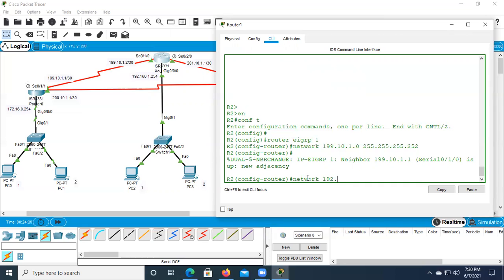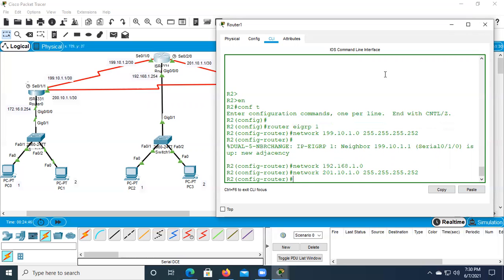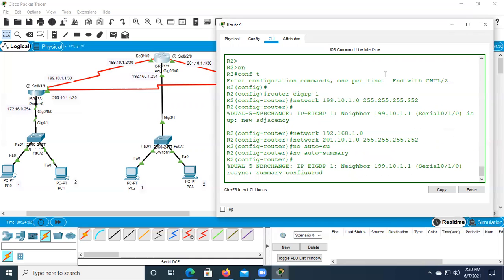Network 192.168.1.0, it is not subnetted, class C. I give enter. No problem. Again, I'm going for network 201.10.1.0, 255.255.255.252. Then you must give the command no auto-summary. Then enter.